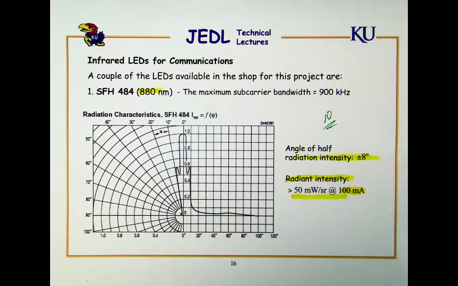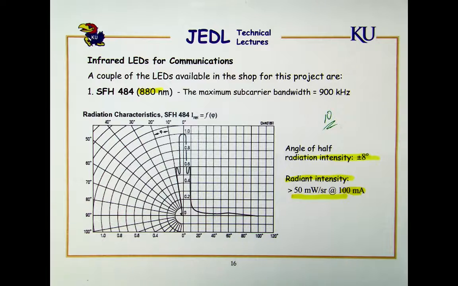But the SFH485, which we'll talk about on the next page, we have about 90 of those. Along the way, I may be looking to replace these with an equivalent device, but go ahead and use these until we use them up. So that's what we have for the first infrared LED.